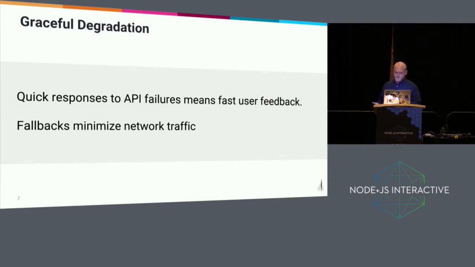So first up, graceful degradation. The idea is we want fast user feedback, and that theoretically and hopefully results in decreased abandonment rates, but we can achieve this using fallback methods, which minimize the amount of network traffic, giving upstream services time to recover, and giving us options for how to respond quickly.